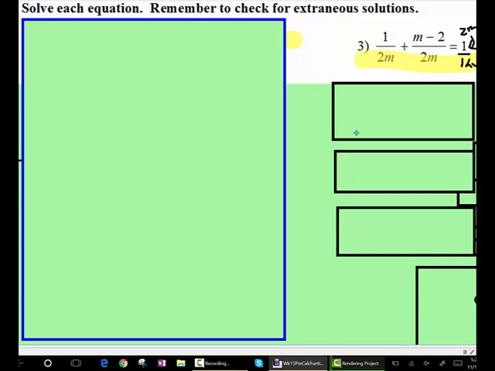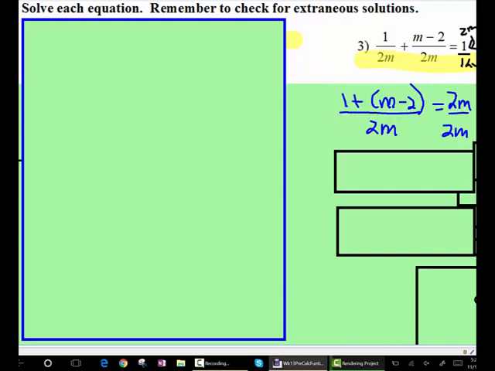And when we do that, notice in the numerator, these two things can be added and they can be put over the same denominator. And it's 1 plus all of this stuff. And that's equal, well, 2m divided by 2m is 1. So we haven't changed anything, except for we can now ignore the denominator and focus on the numerator.